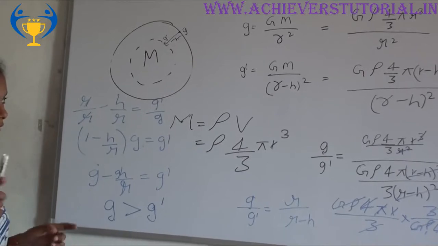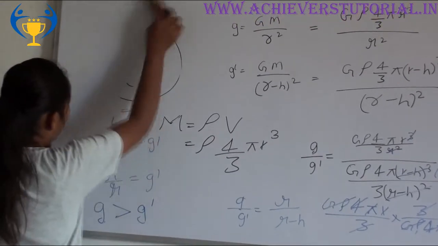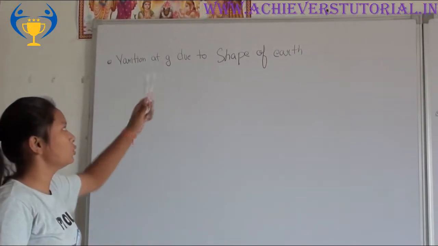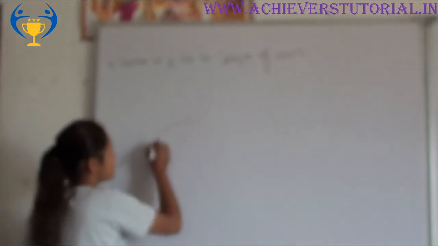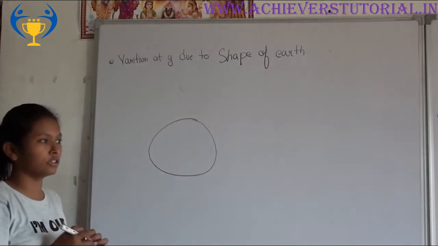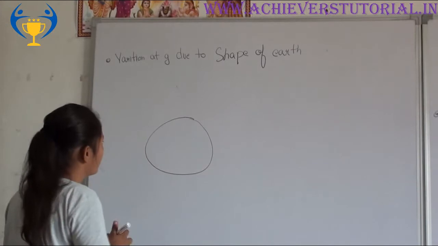Now some other variations, which are due to the shape of Earth. Variation of g due to shape of Earth. This is the shape of Earth. As we all know, Earth is not totally spherical. It is some ellipse type.